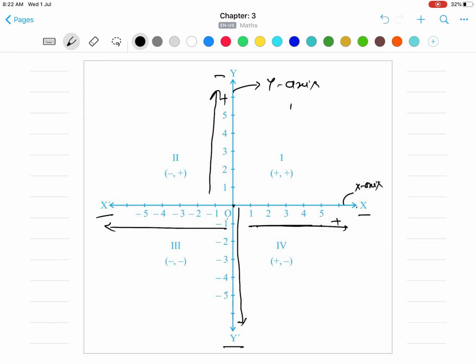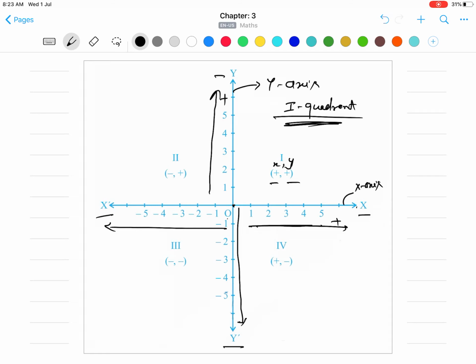Therefore, in this first quadrant the sign of the point will be plus and plus. This is for x and this is for y. That means if the coordinates of a point are both positive numbers, that point will certainly lie in the first quadrant.